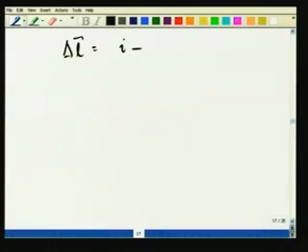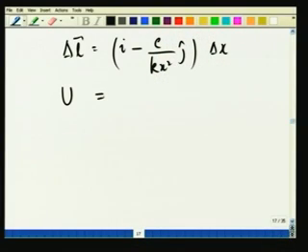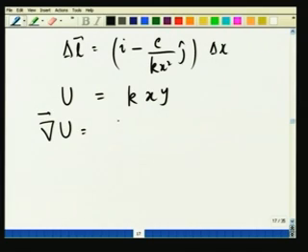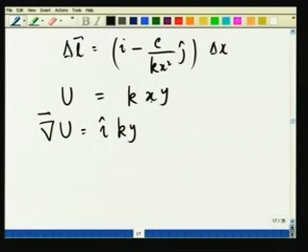So, remember this is i minus c over k x square j delta x. So, delta L is i minus c over k x square j delta x. U is equal to k x y, and therefore, gradient of U is going to be k y along i direction. When I take the partial derivative of this, I keep y constant and differentiate with respect to x, plus j k x.